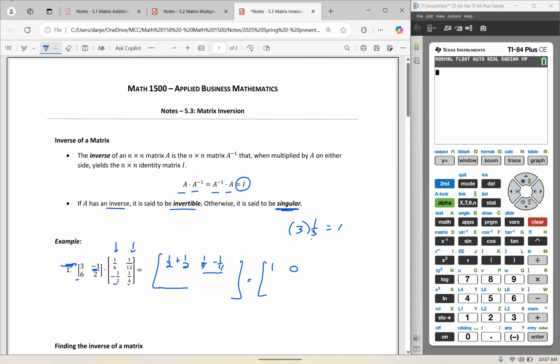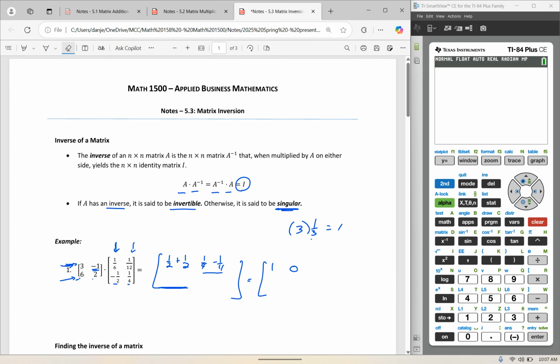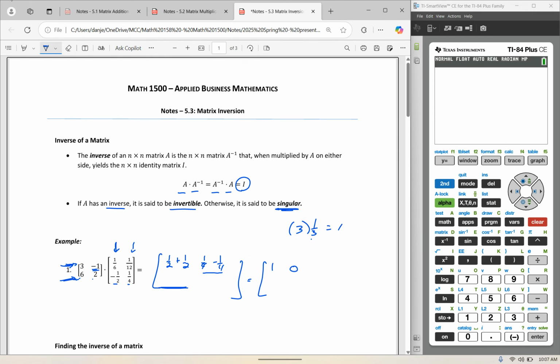Now to find the second row, first column, I'm going to multiply the second row times the first column. 6 times 1/6 is 1. 2 times -1/2 is -1. 1 and -1 is 0.